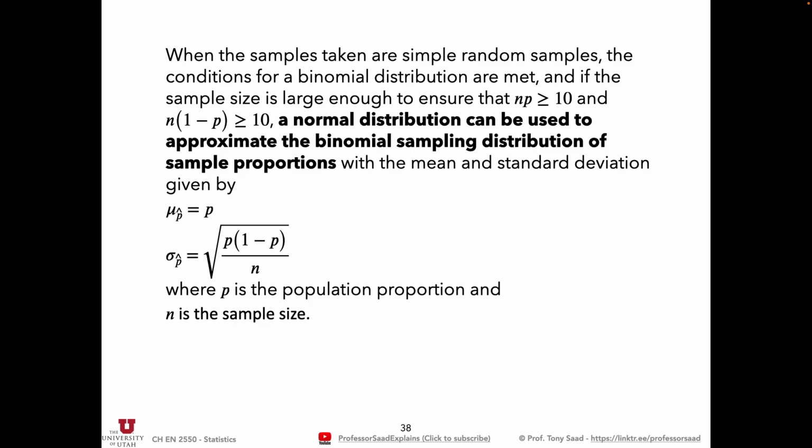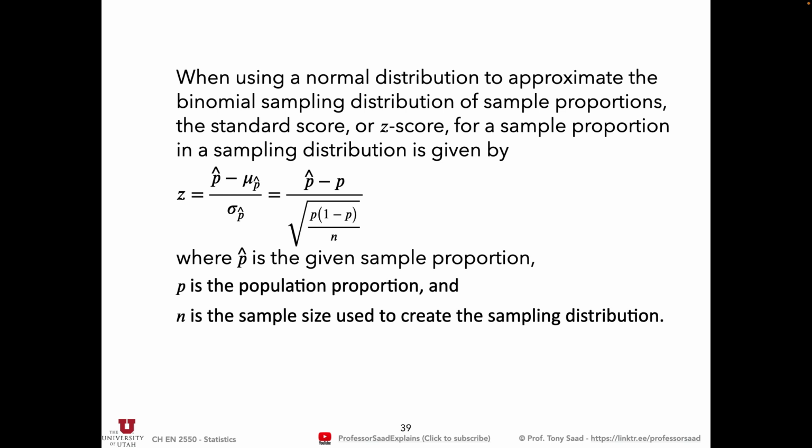The mean of the sample proportions is P, the probability of a single trial, like flipping a coin. And the standard deviation of the sample proportion, if you remember, is the square root of P times (1 minus P), divided by the square root of n. So you're going to carry a square root of n in the denominator from the central limit theorem.